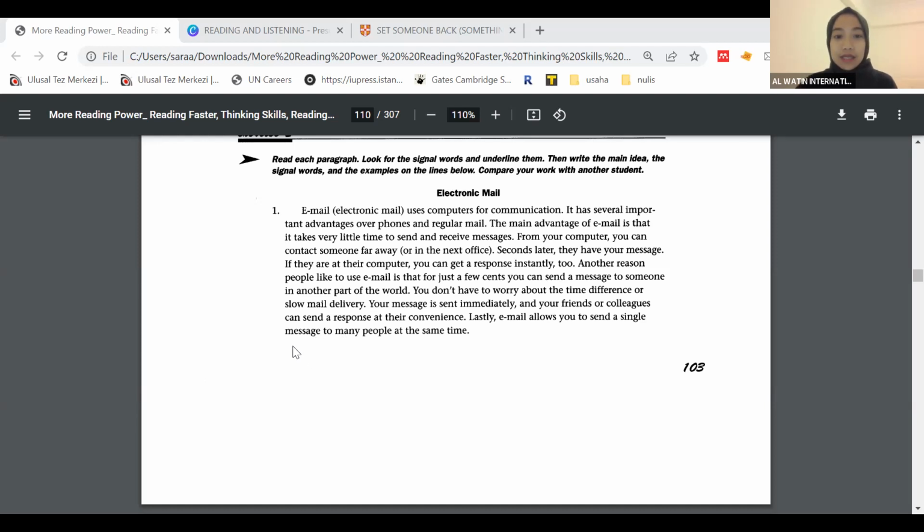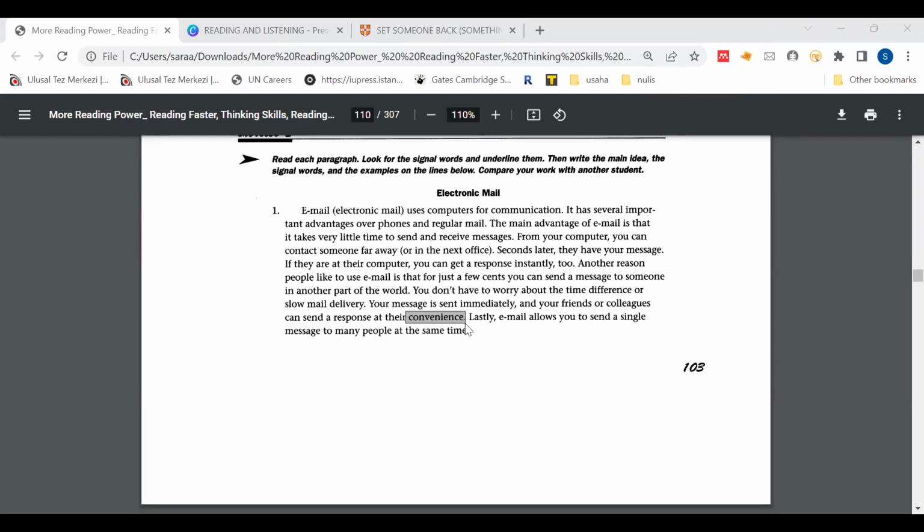So yes, do you understand this paragraph, or are there any difficult words? Convenience. Convenient means comfortable.